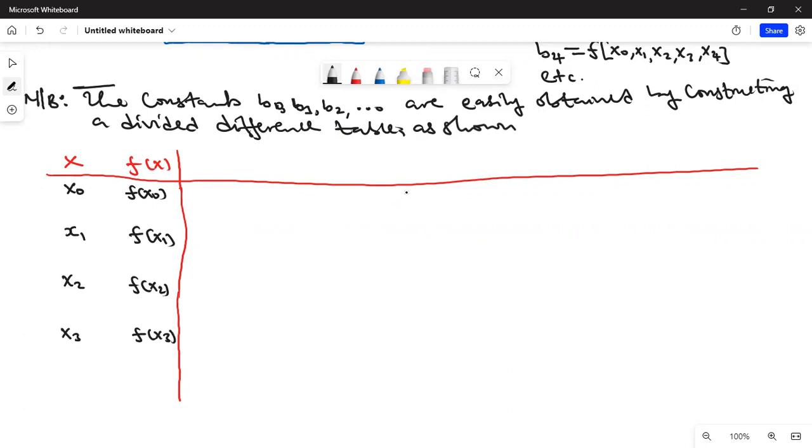I want to show you how to find those differences, the divided differences. So this is what you're going to do. You take f of x1 minus f of x naught, so that we get the first order difference of f, written as df, of course the first order divided difference.